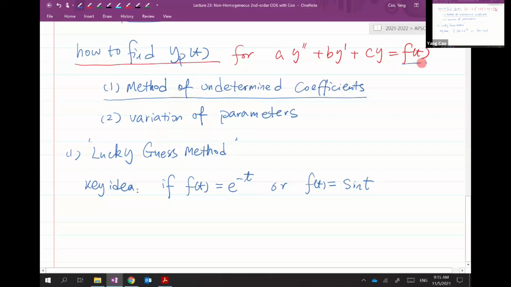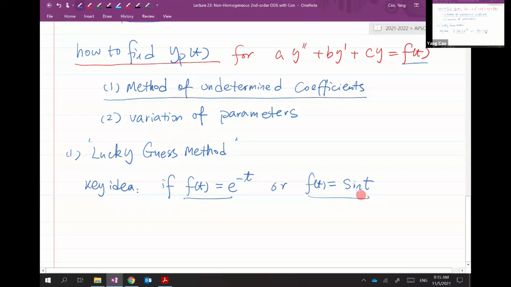If you recall, f of t is your system input. This is either a force or whatever function or signal, the input to the system represented by the second order ODE. You can give it a delta impulse signal or a sinusoidal signal.